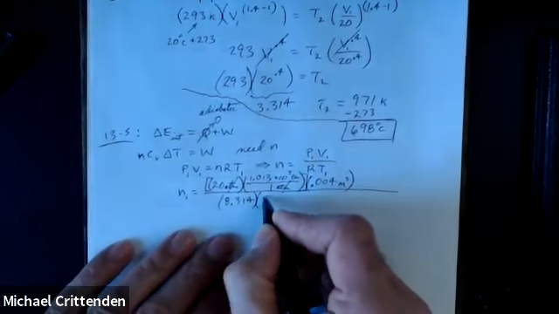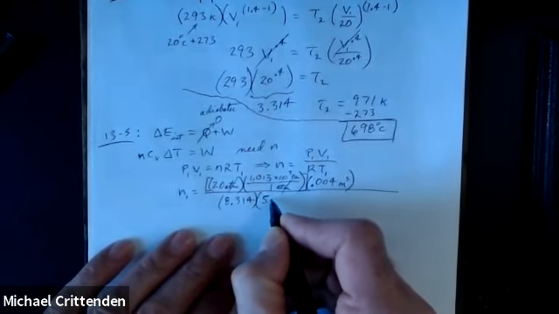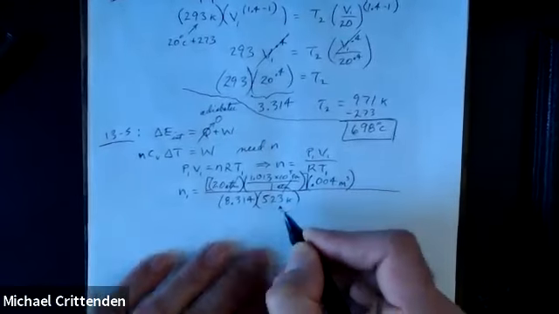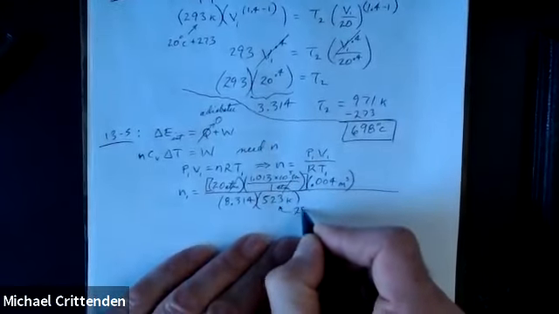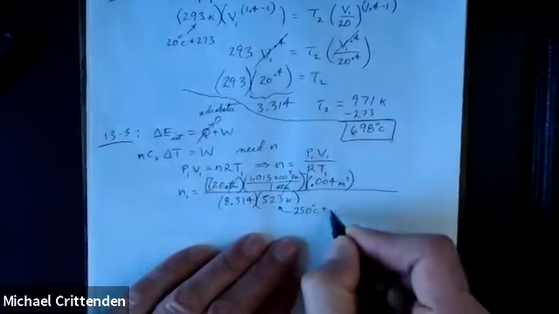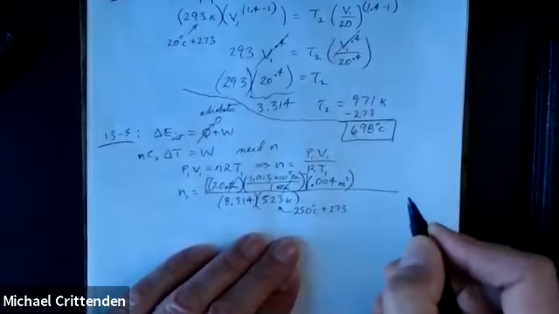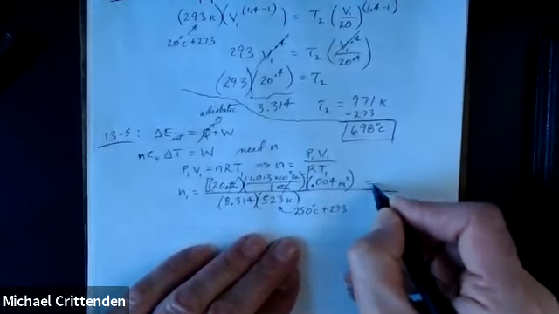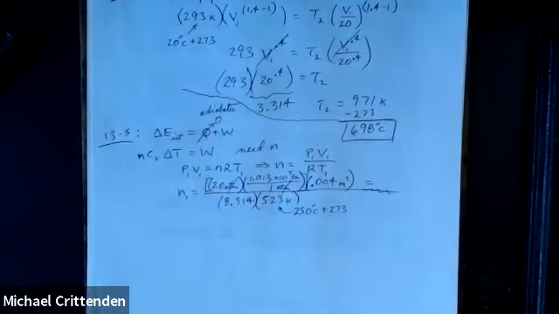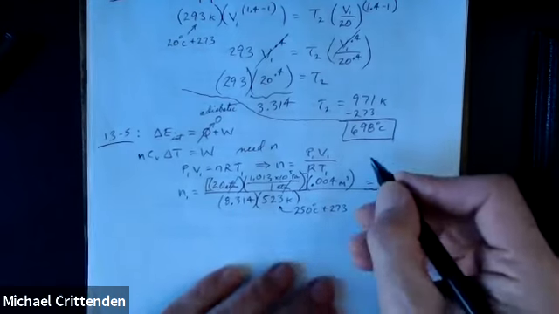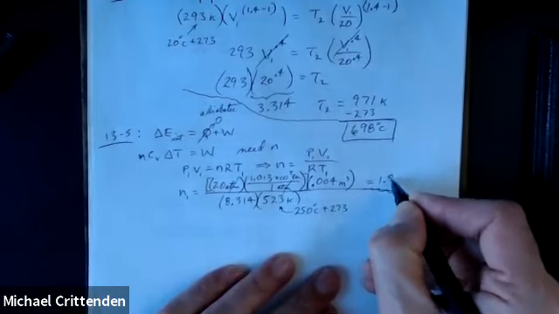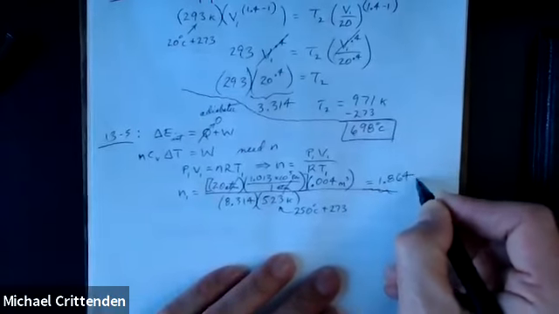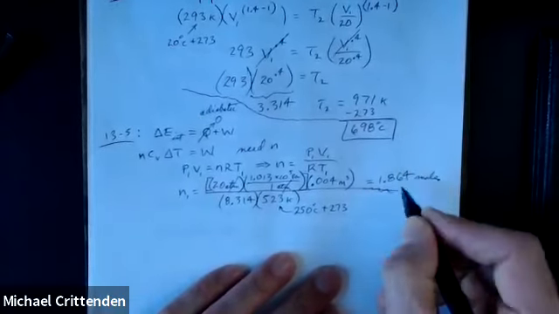So 523 kelvins, which I got from 250 plus 273. Okay, so that equals 1.8... 0.64 moles.